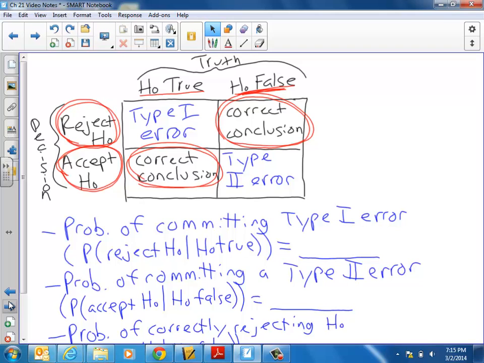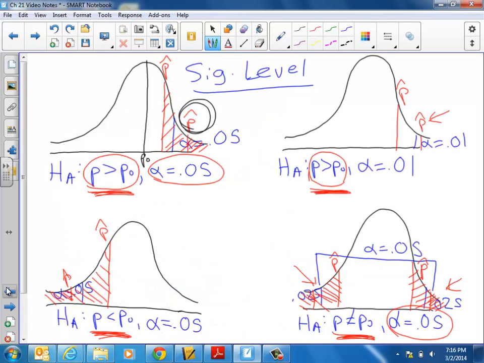And the probability, let's look at this right here. The probability that you would commit a type 1 error is equal to actually your alpha. So when the population proportion is the same as the null hypothesis proportion, in this case, for this particular bell curve, 5% of the time you are going to reject the null hypothesis even when it is the actual population proportion.